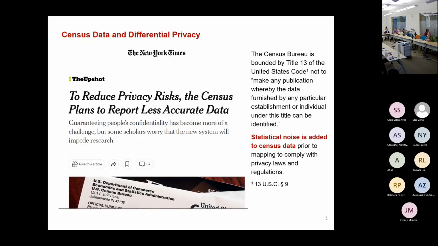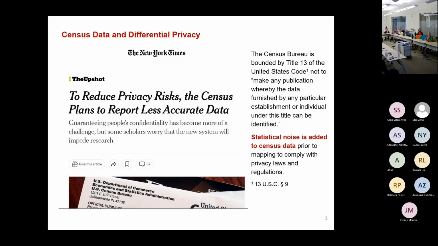I want to illustrate the concept of map contextualization using an example of census data and census maps. The United States Census Bureau, which produces the census data, is founded by Title 13 of the US Code, which states that the Census Bureau cannot make any publications of the census data that will disclose individual identities and threaten individual privacy.